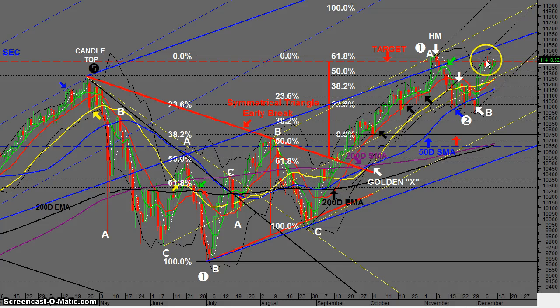I'd say it's going to have another go at getting through that old high there, which was 11,450-ish, okay, is what I'd be thinking there. If we just quickly have a look at, and it's just holding back up that target range out of that symmetrical triangle, where it basically broke up early out of that as well.